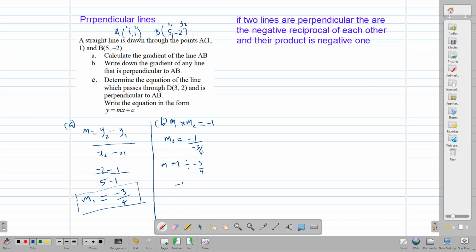In division, we have -1 times -4 over 3, which gives us a +4 over 3.